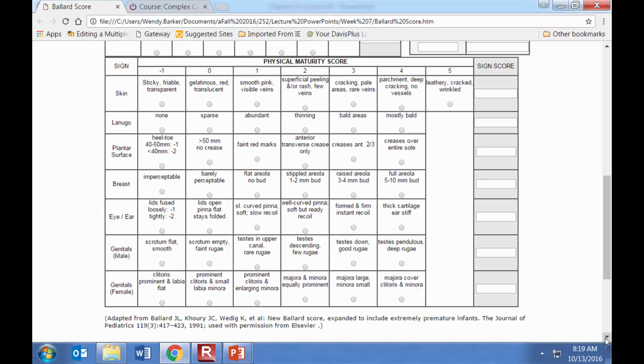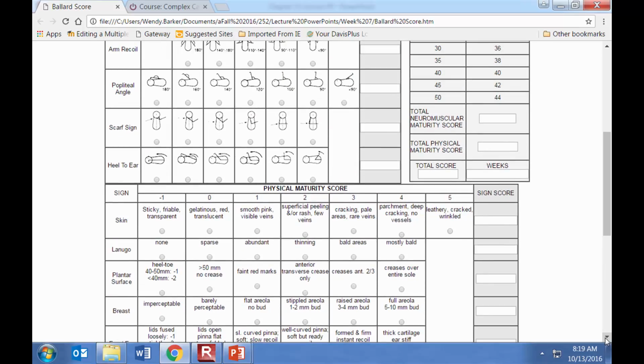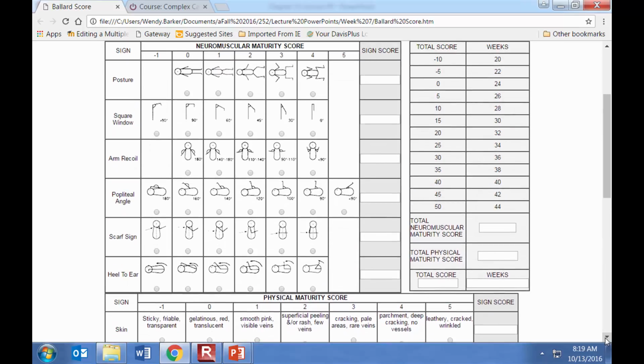And then on our genitalia section, whichever we have, male or female, we fill in those circles. Each column has their own score. We write the score over here to the side for each criteria. We add up that total. Okay? We put that total in here. We add up these two numbers, and put that total score here, okay?